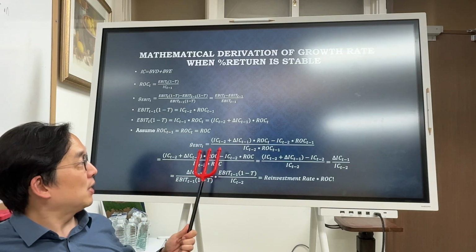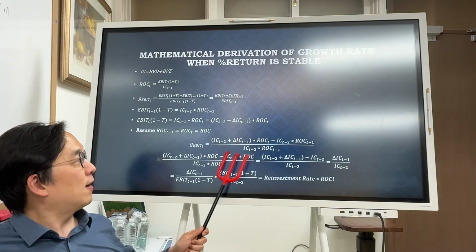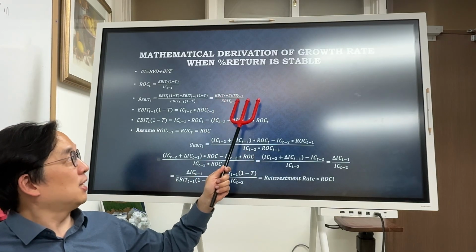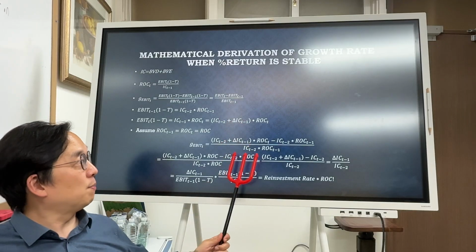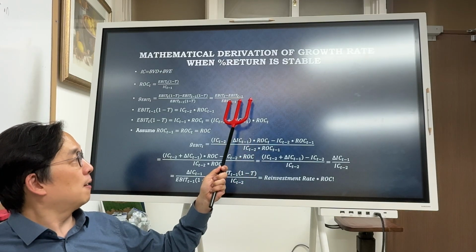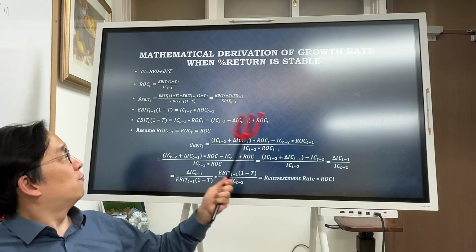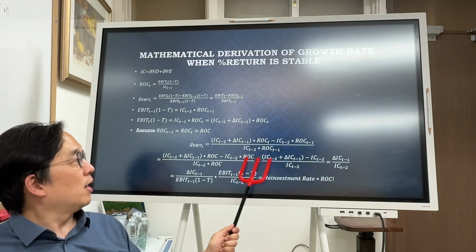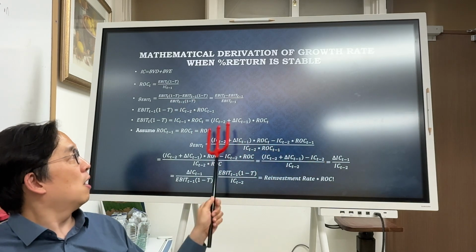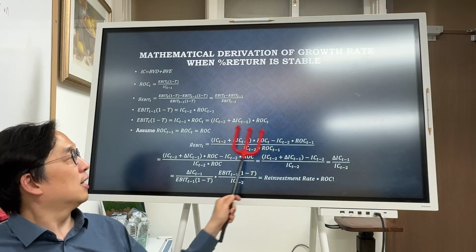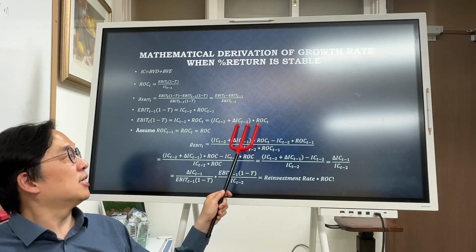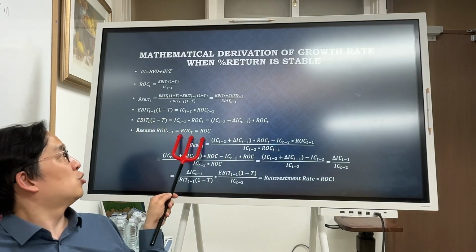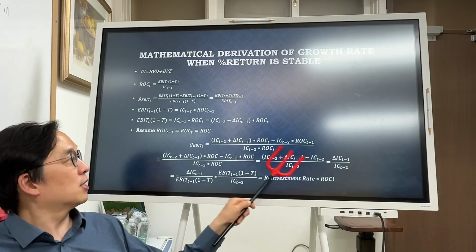So the growth rate of EBIT should be defined as this guy: EBIT minus EBIT before, divided by EBIT before, and replace this EBIT with these formulas over here. Invested capital at T-2 times ROC, the same thing, and over here, this guy, IC plus change in IC, times ROC. And notice that we assumed the ROC should be the same regardless of the period.